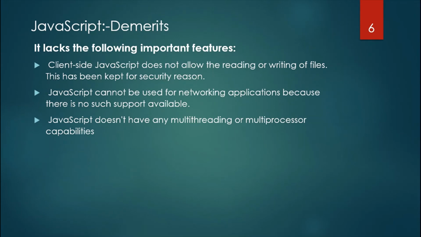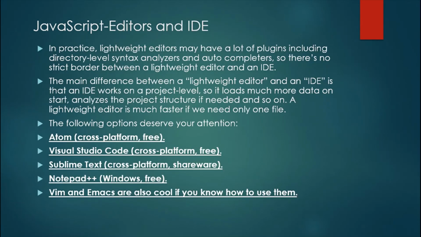So for security purposes, this feature has been dropped. JavaScript cannot be used for networking applications because no such support is available. And JavaScript does not have any multi-threaded or multiprocessor capabilities. This helps us understand how JavaScript's demerits are maintained only for security purposes.